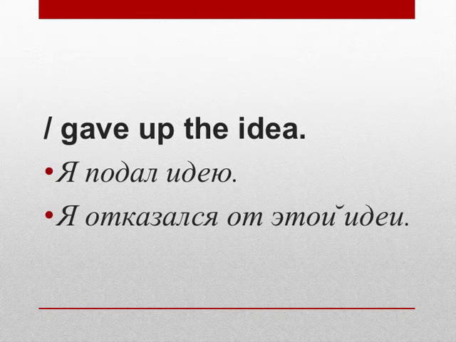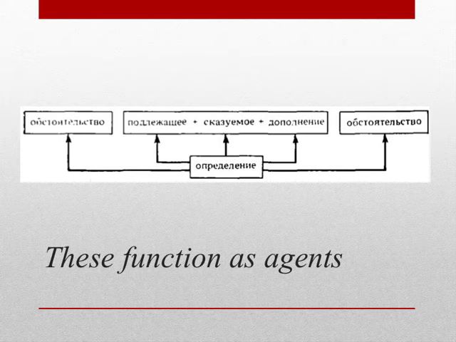So, if we look at the scheme on the next slide, this is actually a really nice scheme, and I didn't have time to translate it into English, but I think you will agree with me that this scheme illustrates greatly the word order in the English text. This scheme shows the position of each part of speech.